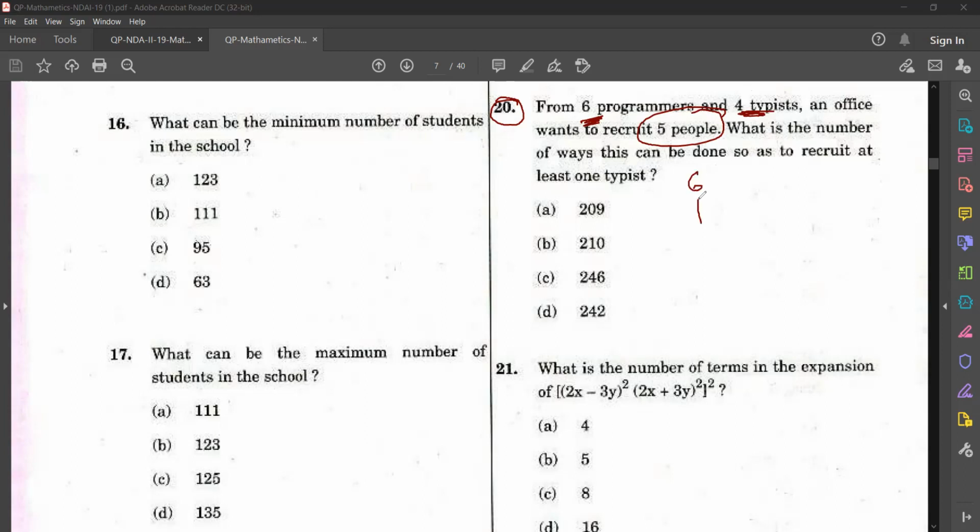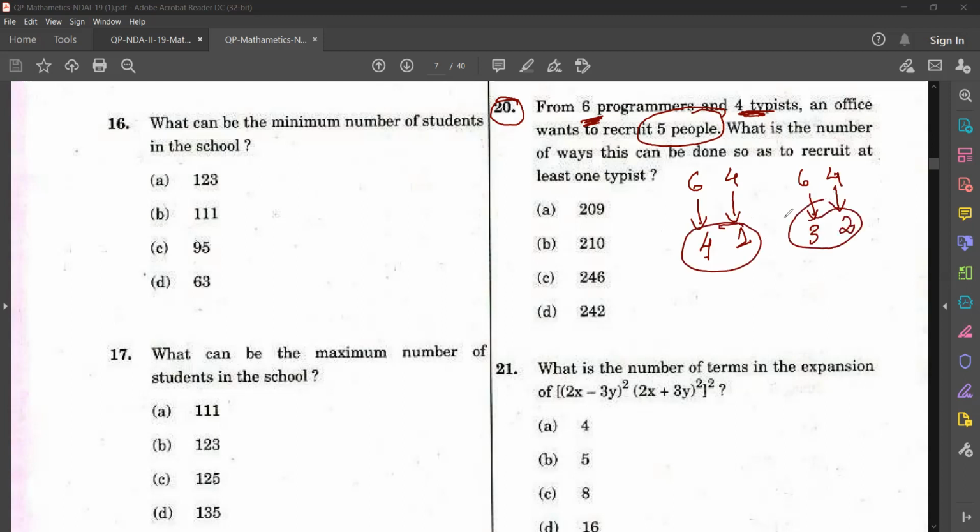So from 6 it can be 4 programmers and from 4 typists 1 typist. Or 3 programmers and 2 typists. Totally there should be 5.